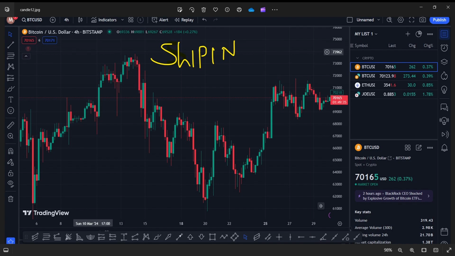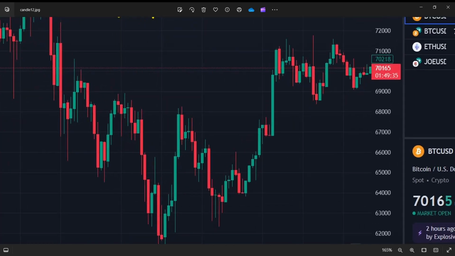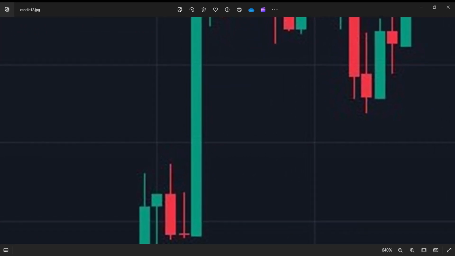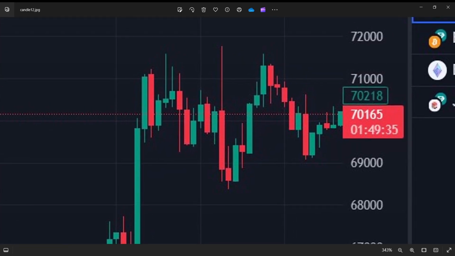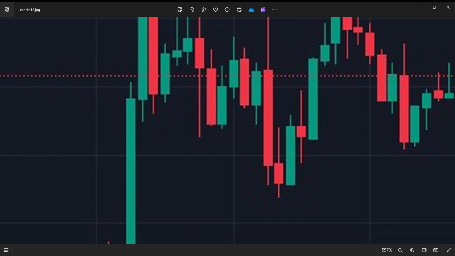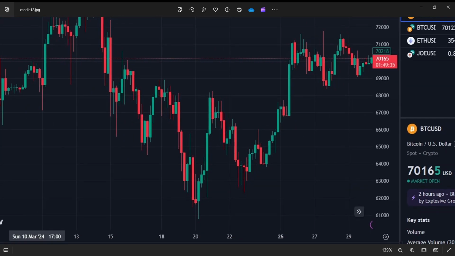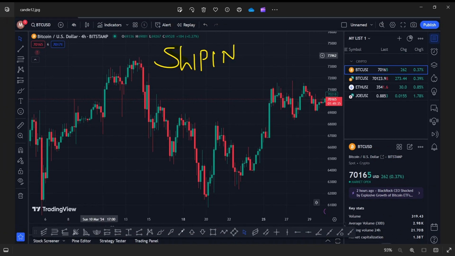We are going to talk about different types of candles, because for you to understand technical analysis, it is very important to understand the candlestick chart pattern. It's very important to understand how each of these candles behaves, what they mean, and what they can do, even while they are forming. So I want to stop here, guys.